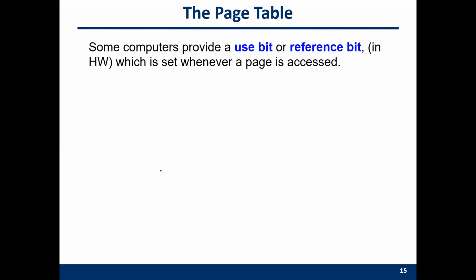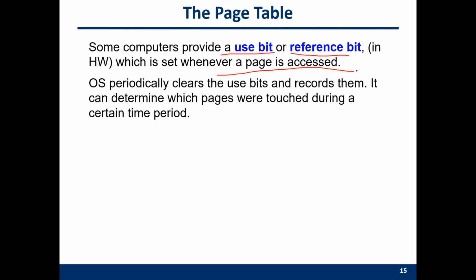Some computers also provide a use bit or a reference bit to indicate whether a page is accessed or not. By this bit, you can easily understand whether this page is accessed or not. The operating system may periodically clear this bit and set this bit.